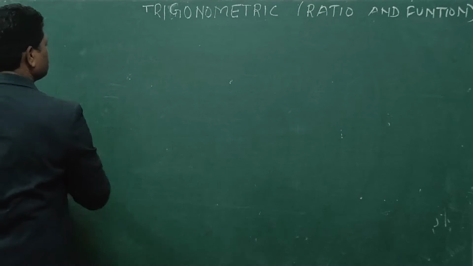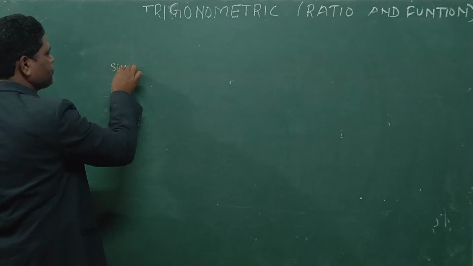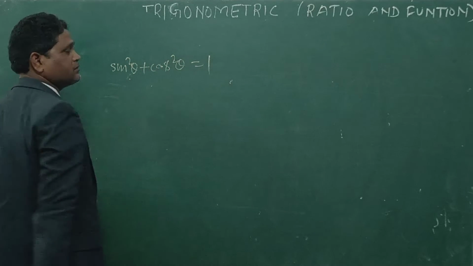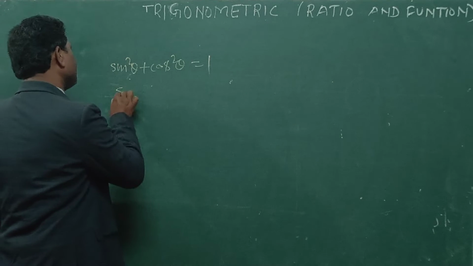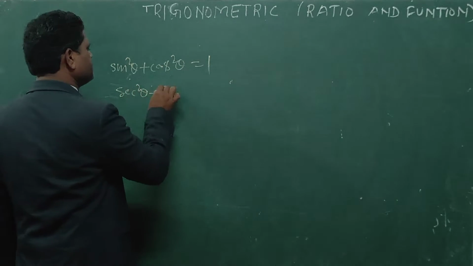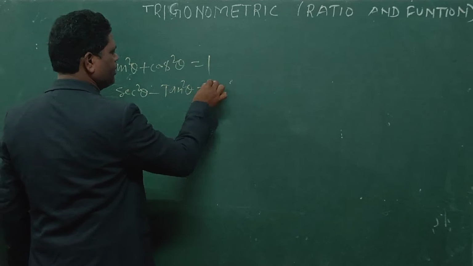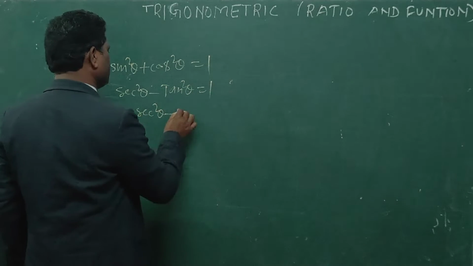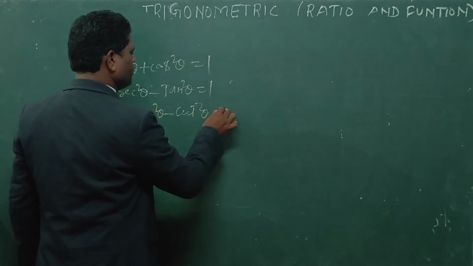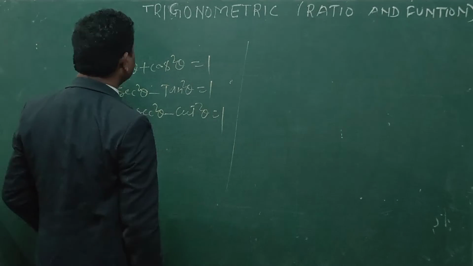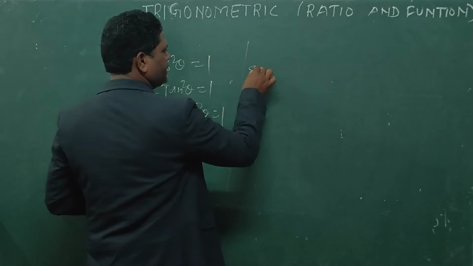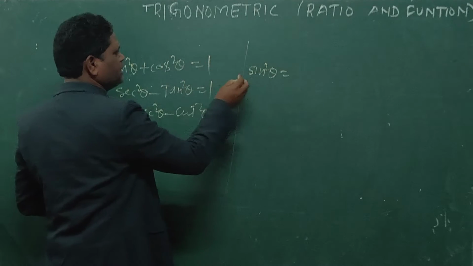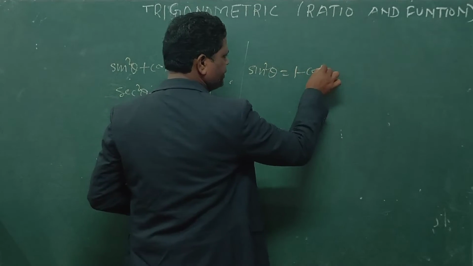Suppose sin square theta plus cos square theta equals 1, sec square theta minus tan square theta equals 1, and cosec square theta minus cot square theta equals 1. First, sin square theta equals 1 minus cos square theta.